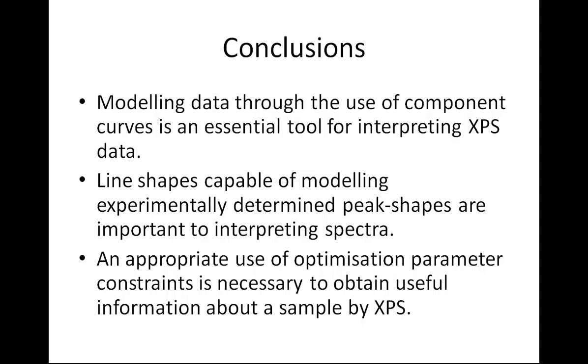This is very important to getting good scientific results out of your peak models. And in the absence of the ideal line shapes for a particular set of data, then we must introduce some parameter constraints to guide optimization to a realistic, physically meaningful outcome.